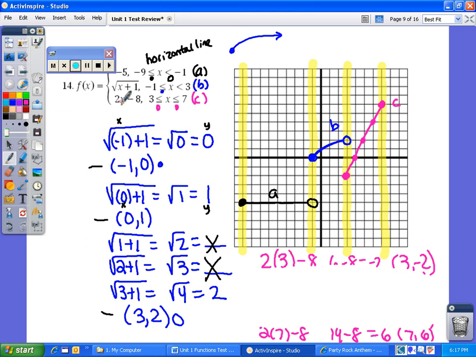And you see that the slope is 2, so you can just go up 2 over 1, up 2 over 1, etc. So you really should just, for linears at least, plug in 3 and plug in 7. If you wanted to plug them all in, that's fine, and get the answer. Alright, so I'll give you a second to look at that.